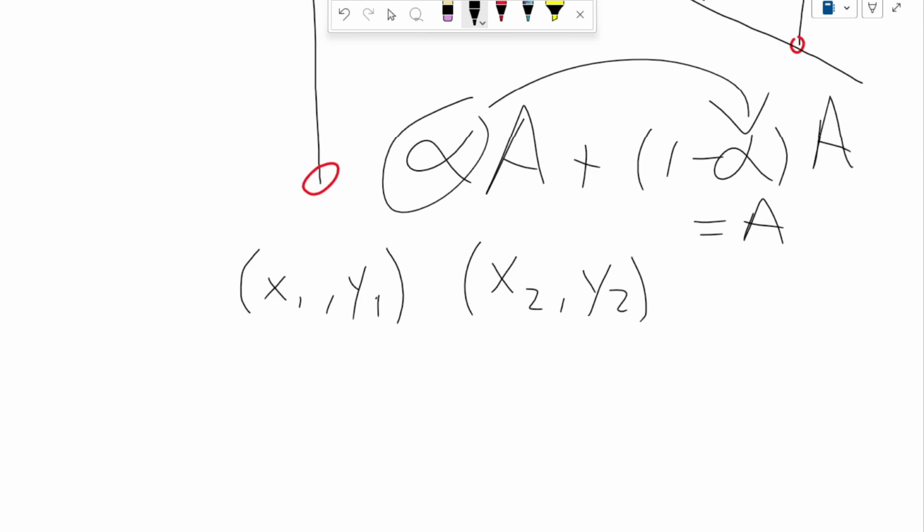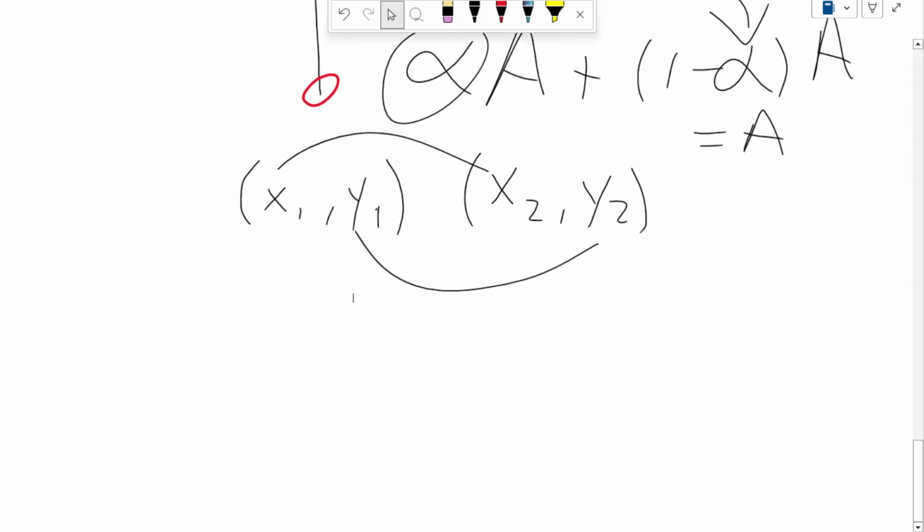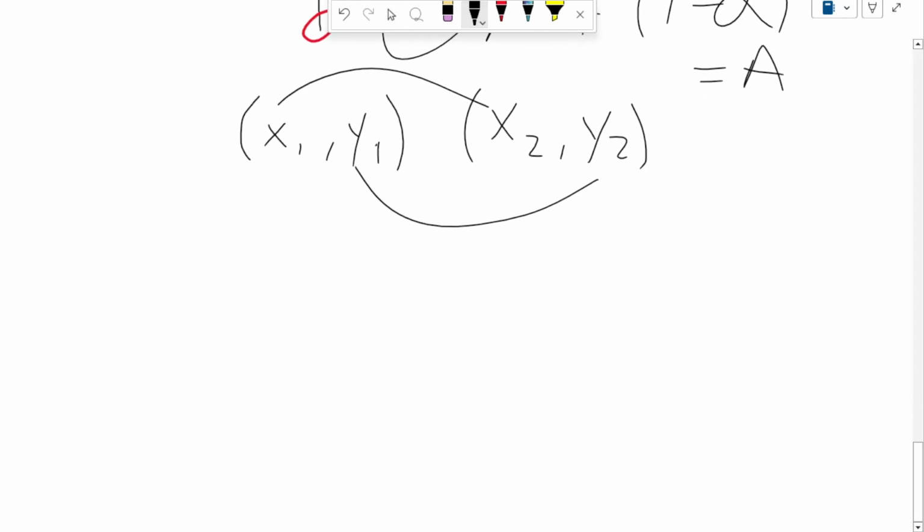Now they could have the same x value, or they could have the same y value. They just can't have both. Now, how many people know the following definition of a line?